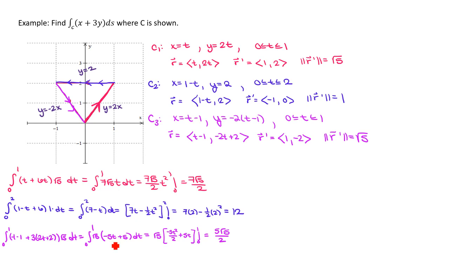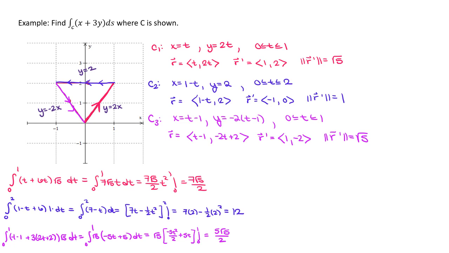I ended up getting negative 5t plus 5 times square root of 5. And then I found my antiderivatives, so I still have that square root of 5. Negative 5t squared over 2 plus 5t. And then I plugged in my bounds of integration, the 1, the 0 subtracted, and got 5 root 5 over 2.